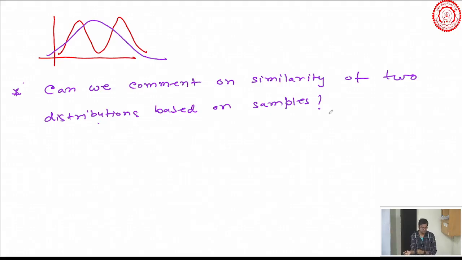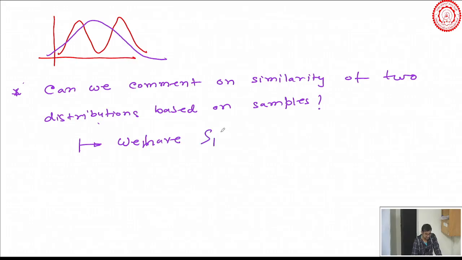So mathematically, if you have to write it, suppose we have, let's say S1, which is basically X sampled from, let's write P, where P is some distribution.